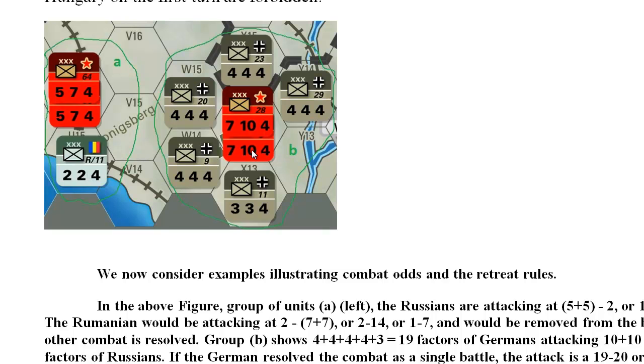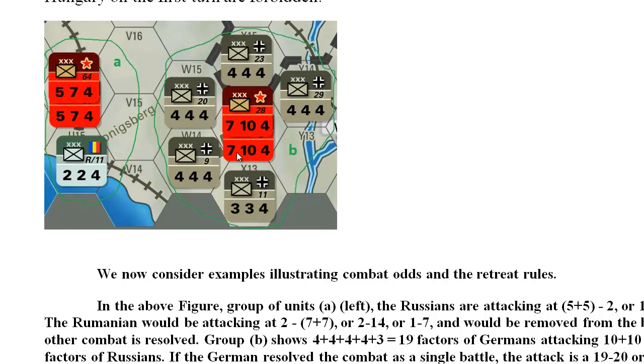What about over here? There are 2 Russian units attacking. They've gotten themselves surrounded by no fewer than 5 German units. The Russian units have a range of options as to how they arrange their attacks. For example, they can say we have 14 attack factors. There are 4, 8, 12, 16, 19 defense factors of Germans.